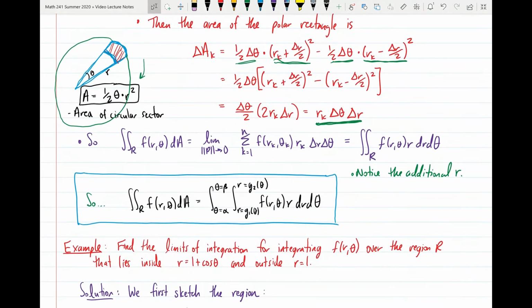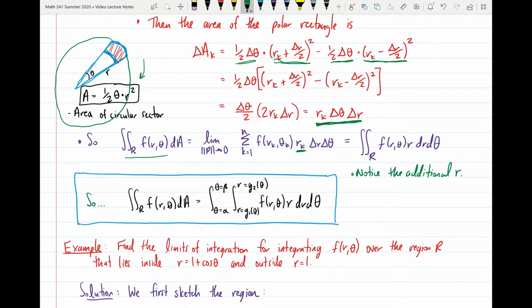So the double integral of f of r theta over the region R is equal to the limit as the norm of the partition goes to 0 of the sum from k equals 1 to n of f of r sub k theta sub k, and here is the distinguishing factor now for taking double integrals with polar coordinates. We have this r sub k that is left over here because of the area formula.